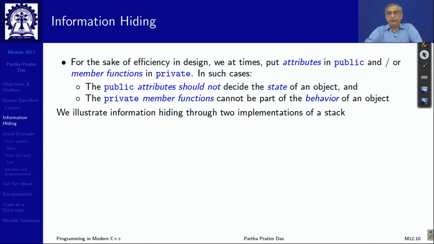So, that kind of situation will need it, but remember that it should never form a part of the state. And in the same manner, naturally, it is a compiler restriction by itself: private member functions can never be part of the behavior, because they cannot be accessed from outside. They are just for your own convenience.